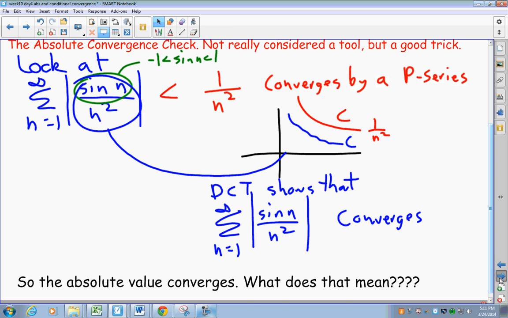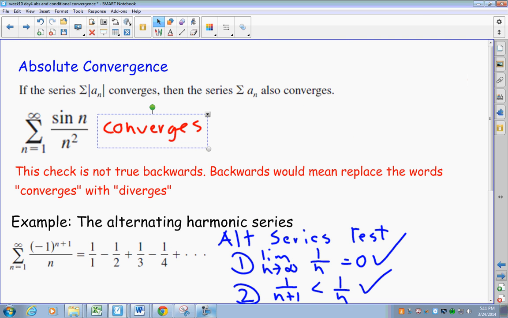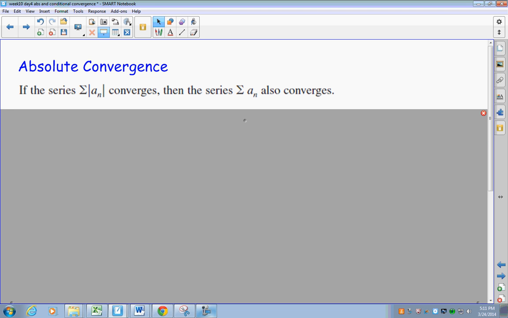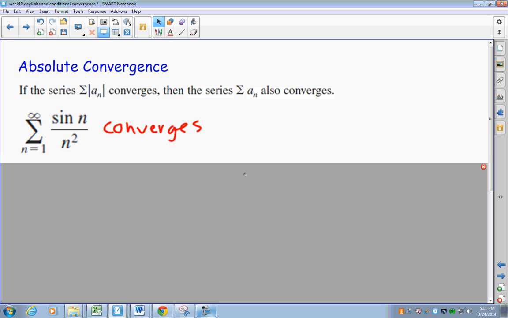So next line, absolute convergence. If a series of the absolute value converges, then the series itself also converges. Okay? So the one that we really wanted converges. Why does it converge?